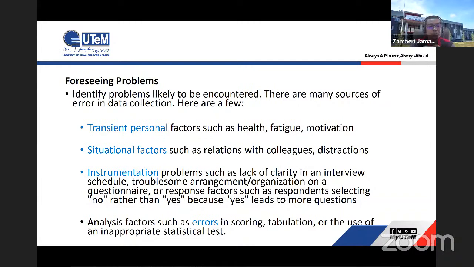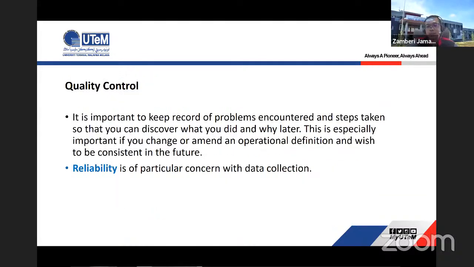What kind of errors are we expecting from those particular instrumentations and environment? Quality control. Do we have the right quality control that could help us to answer the reliability of our data collections?